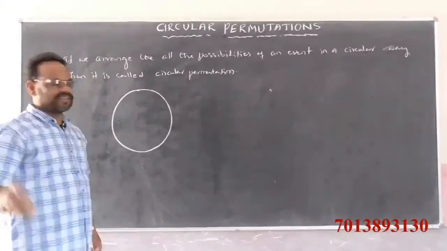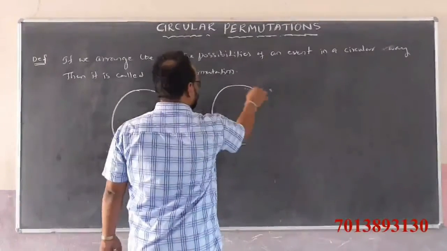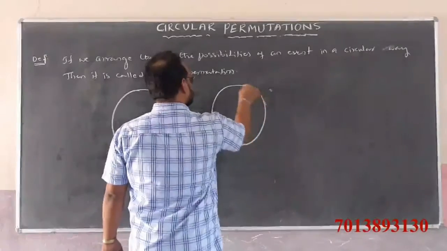That means if you take A, B, C, D, E in this circular permutation, we have two ways.